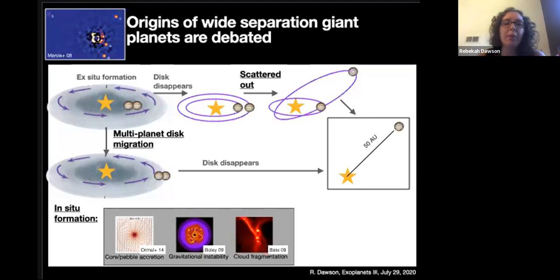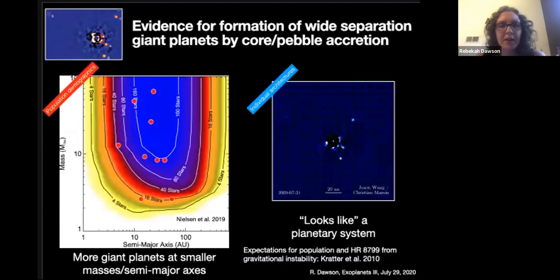So a lot of people have framed this question: are these really planets or are they more like mini stars? And again, population demographics and individual architectures are giving us some evidence for what's going on. So population demographics, this system that I am showing in the corner, HR 8799, was one of the first systems of directly imaged planets.